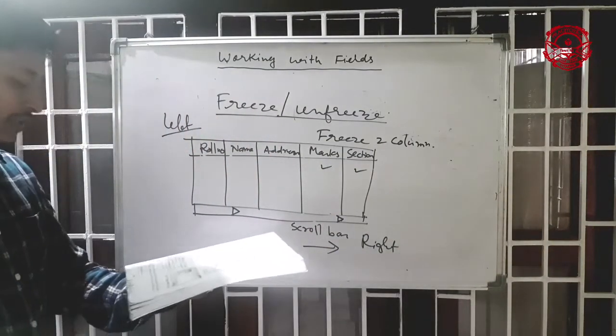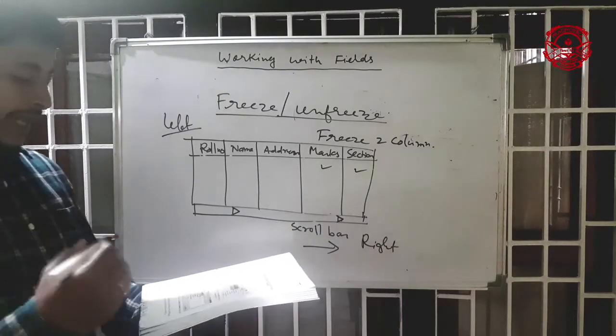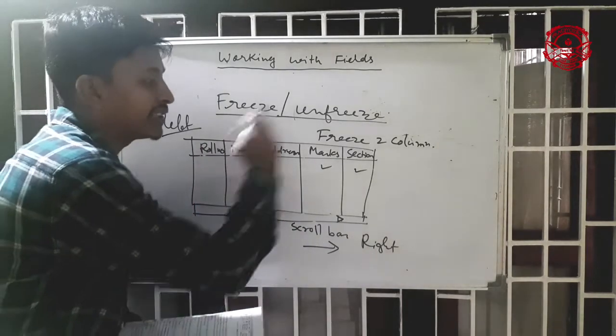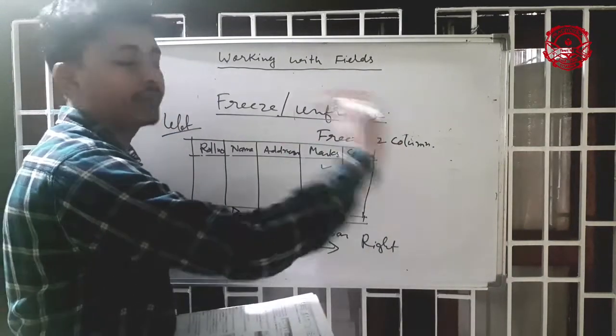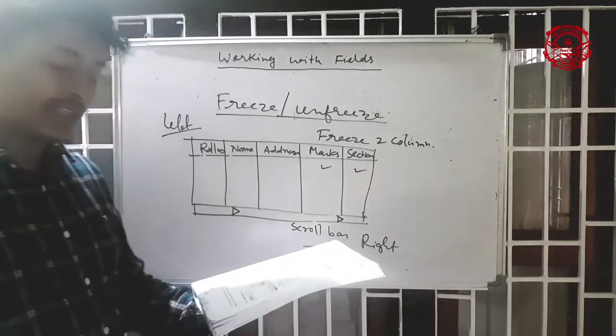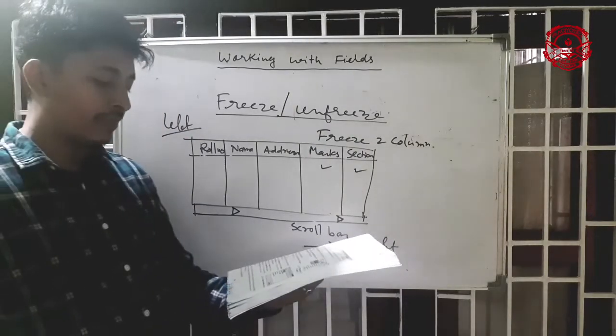Okay. Now you can see, when you scroll to the right side in a table that has many fields, if the fields are more than 10 or 15, what happens? Viewing the leftmost field becomes difficult.